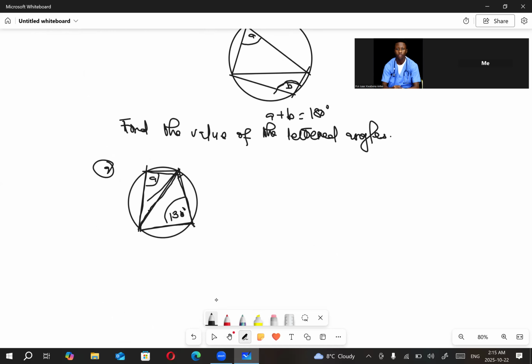So A plus 130 degrees is equal to 180 degrees. Then you write the property.